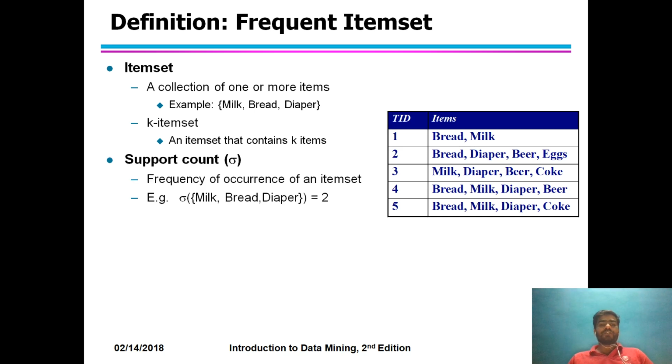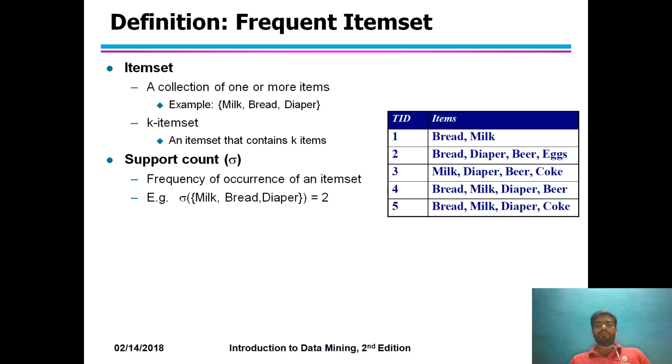Next is support count. Support count is nothing but the frequency of occurrence of an item set. Looking at the right hand side, the market basket transaction table: milk, bread and diaper is bought by the fourth customer.